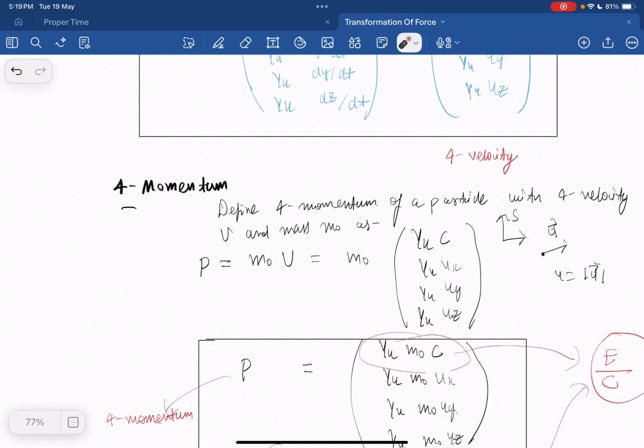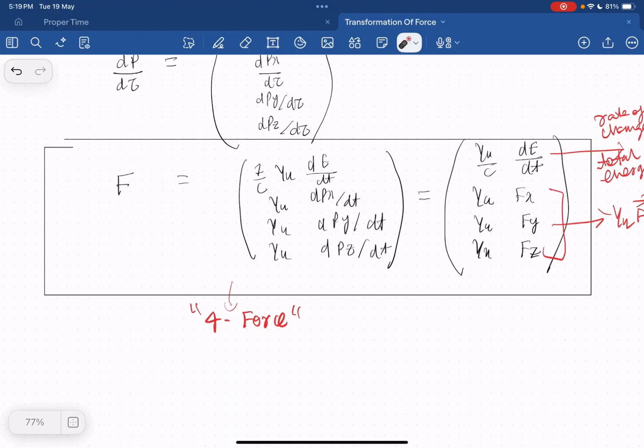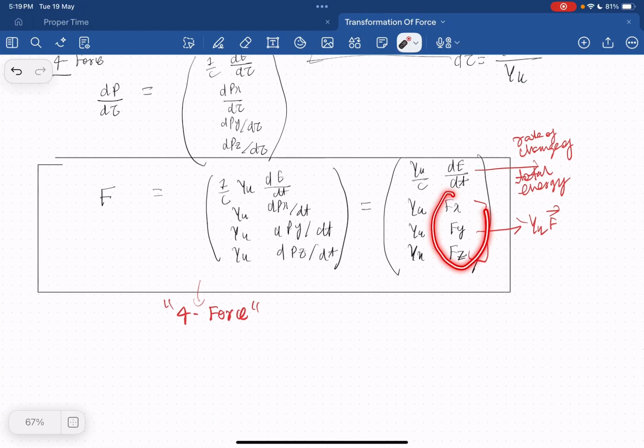So now we seem to be getting somewhere, because vector F appears as these three components of a much more general quantity called force.